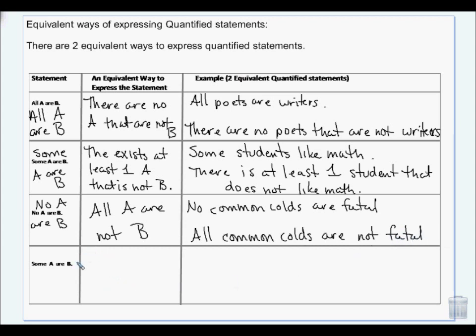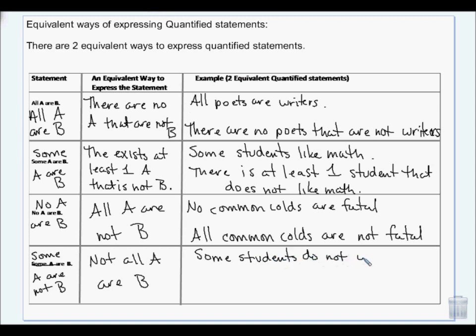Oh, and see there, it's a good thing we're rewriting this because I wrote that wrong. This is supposed to be some A are not B. And that's the same thing as saying not all A are B. So if I said some students don't work hard, that's the same thing as saying not all students work hard.